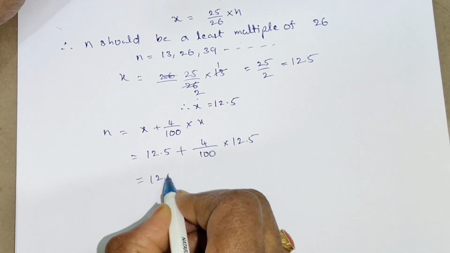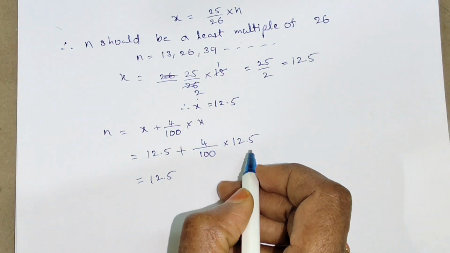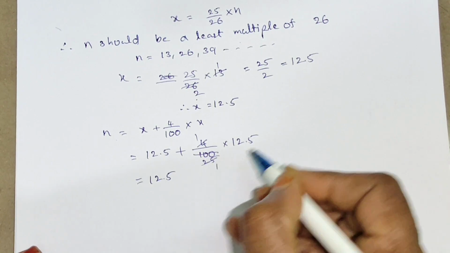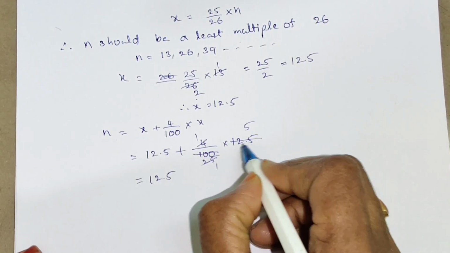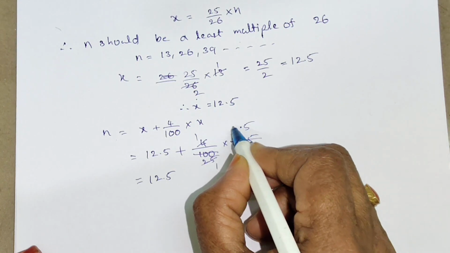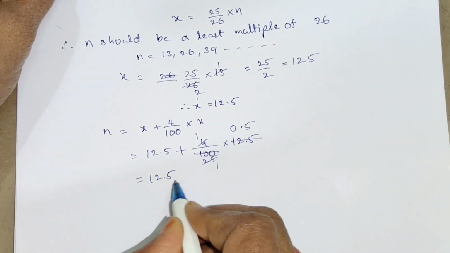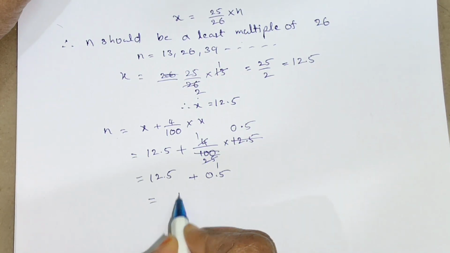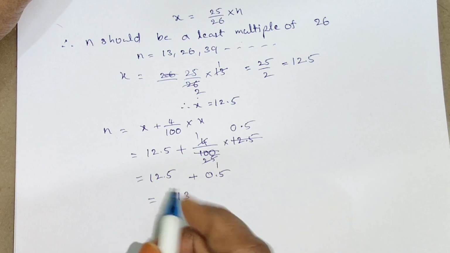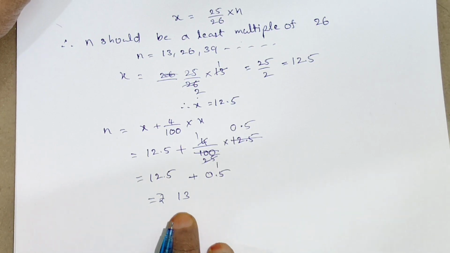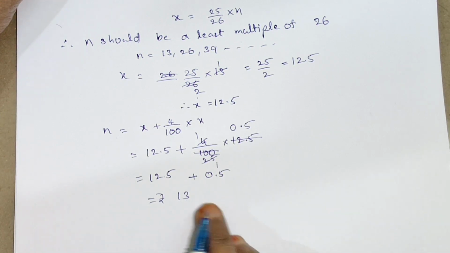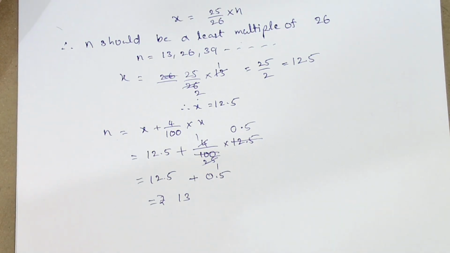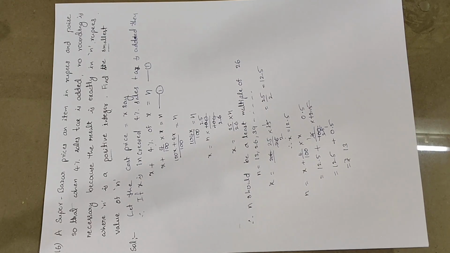Simplifying, 4 by 100 into 12.5 gives 0.5. Now add the two: 12.5 plus 0.5 equals 13. So n is 13 rupees, which is the final answer, the smallest positive value of n. So this is the complete 16th solution.